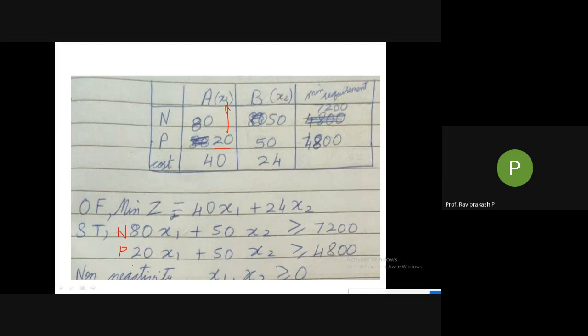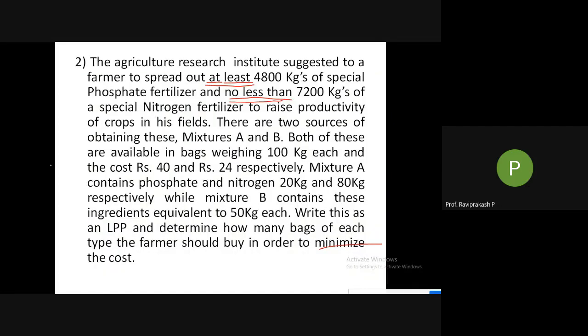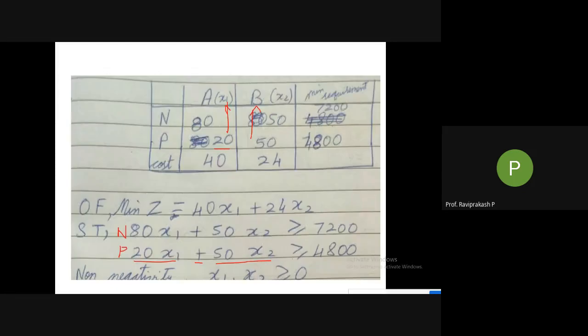So I write 20x1 plus, again for B also we have phosphate, it is 50 and again it is x2, so 50x2. Again for phosphate, what have they given? The farmer is to spread at least this many kilograms of phosphate. At least means again minimum of, which means equal to or greater than. So again I am using greater than or equal to 4800.